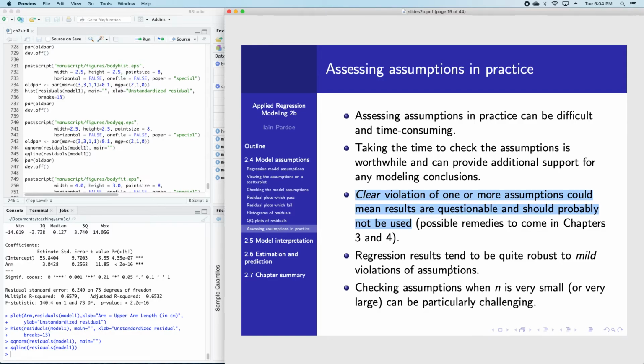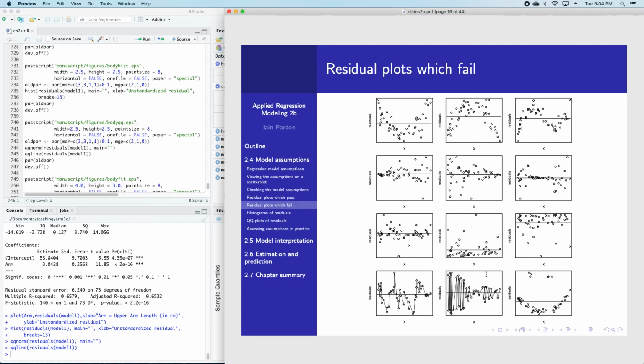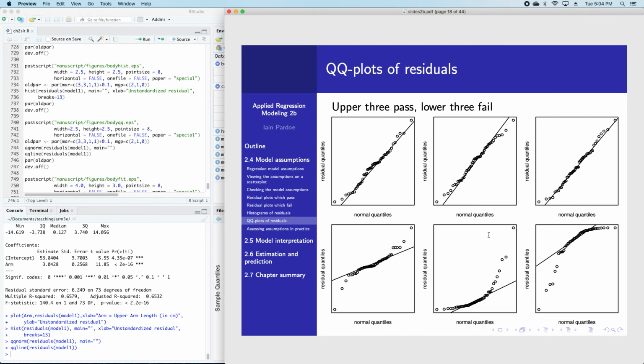You really only want to question the assumptions if something is really extreme, and examples of things that are really extreme are given here and in these QQ plots down here.